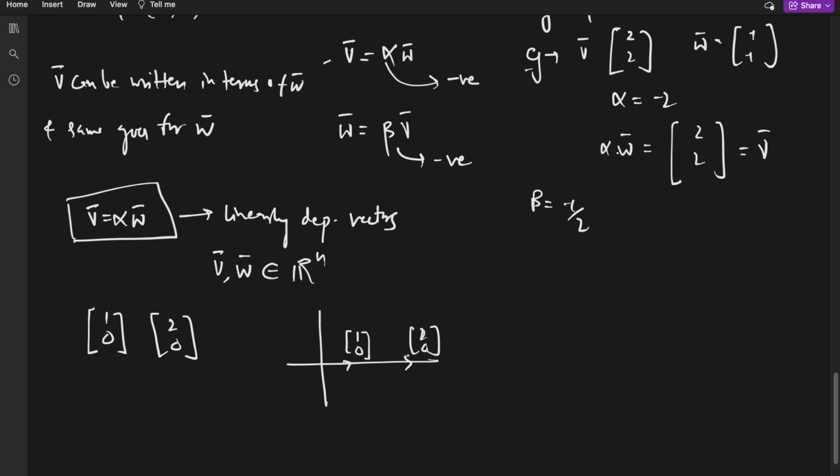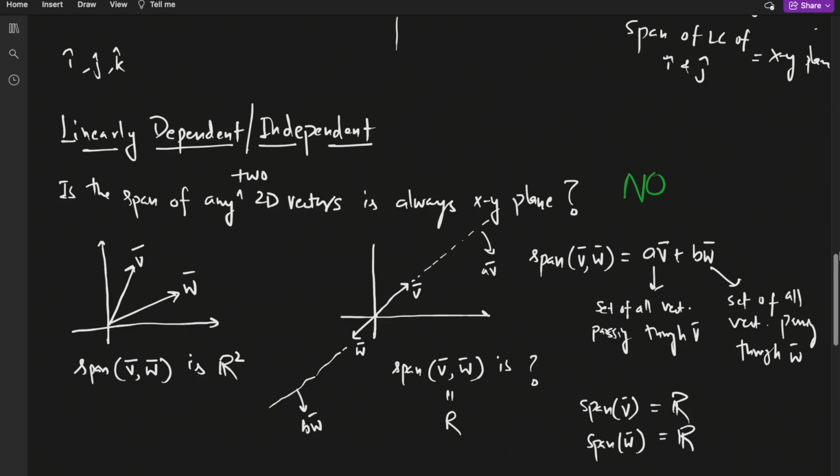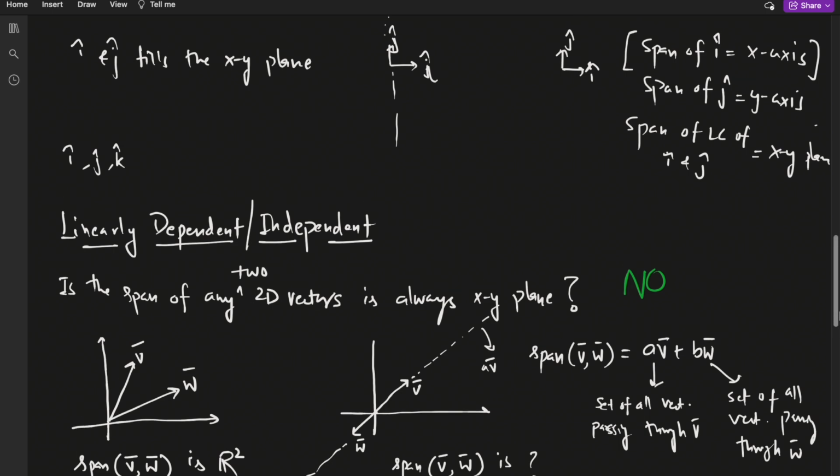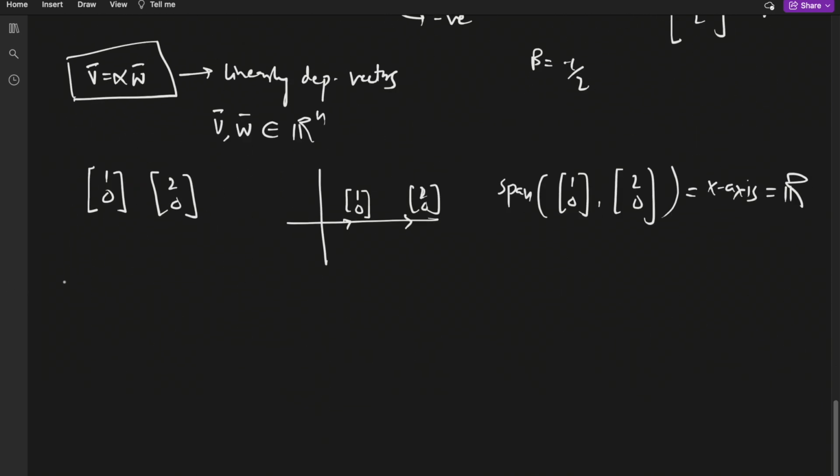So the linear combination, or the span, of these two vectors 1 0 and 2 0 is nothing but the x-axis, which is R. So the span of any two 2D vectors won't give the xy plane. So what is the condition to get the xy plane? That both the vectors should be linearly independent.